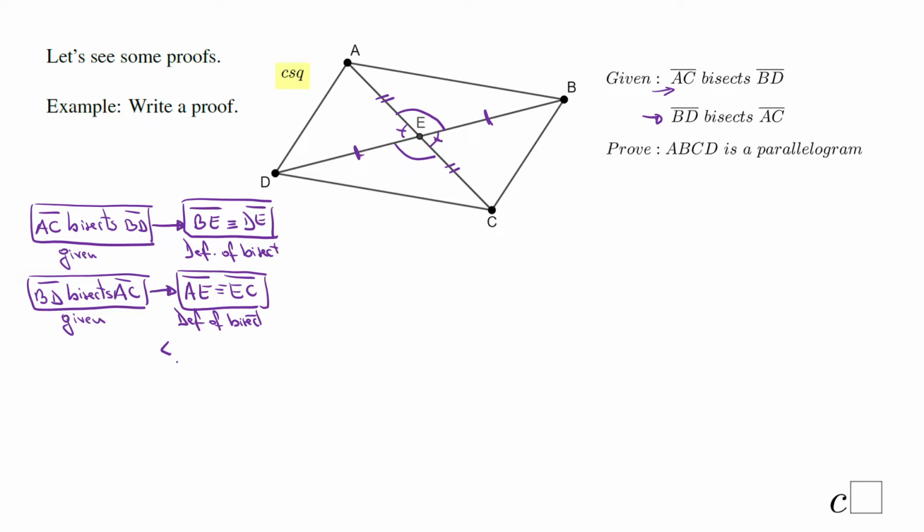Let me start with the other one, AEB congruent to angle CED. And the reason for this statement is that these are vertical angles, or you may want to remember, vertical angles are congruent.